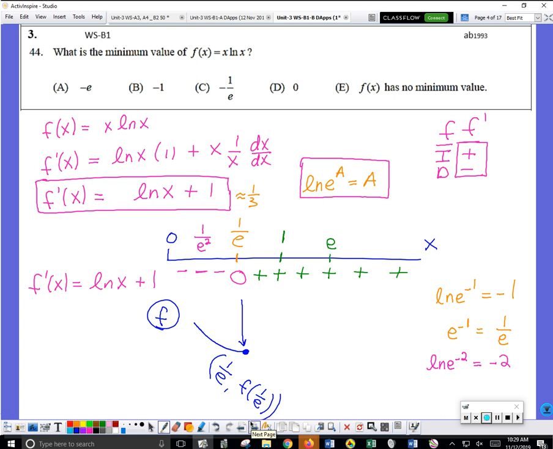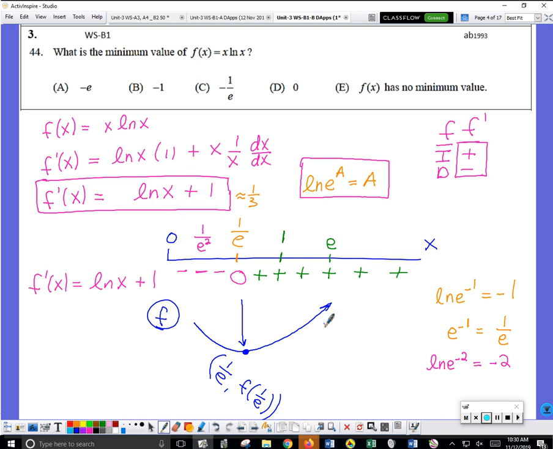Do you need me to talk through that? We are now drawing f. We use the sign chart of f prime to create what f looks like. When f prime is positive, f goes up. So that's what f looks like.